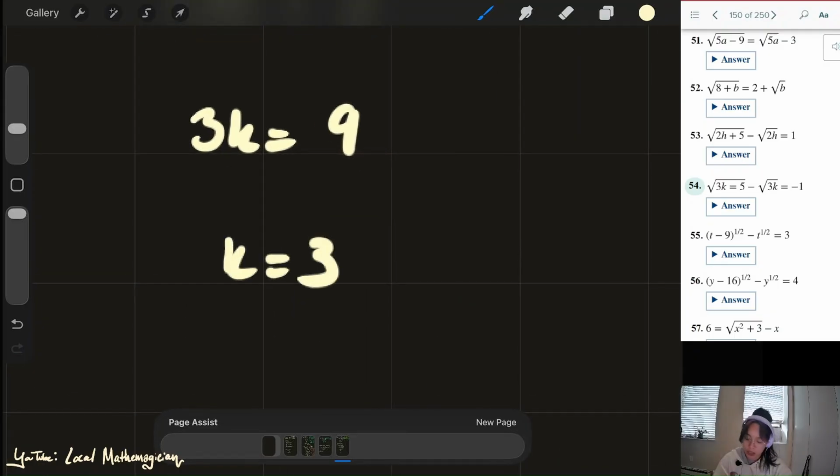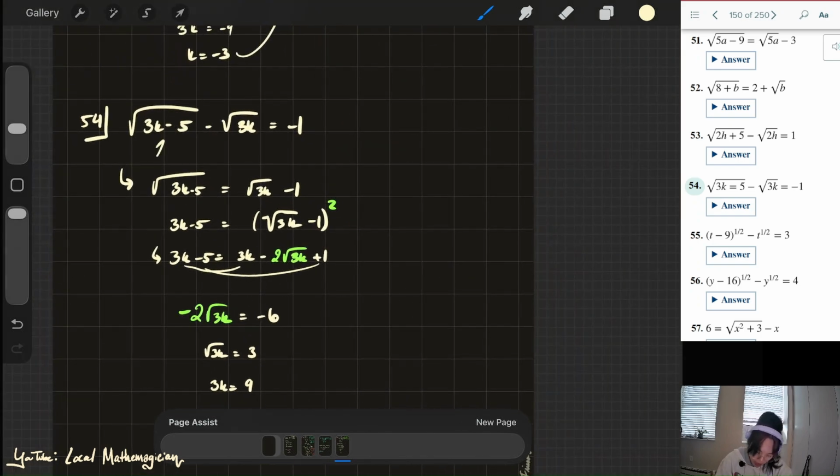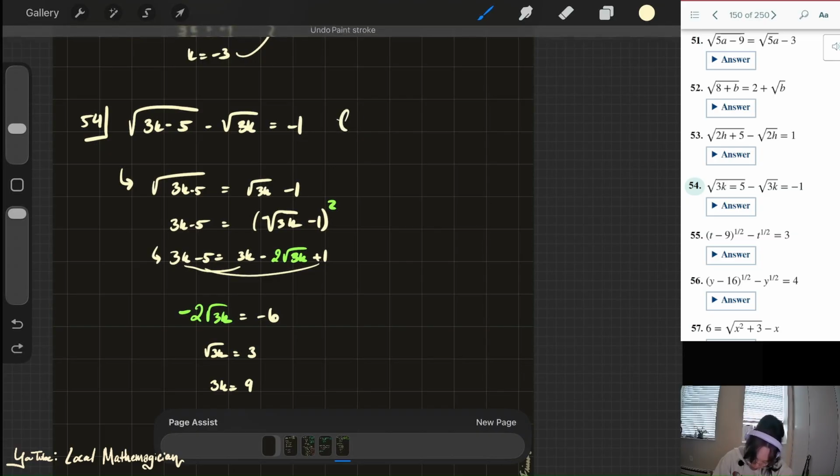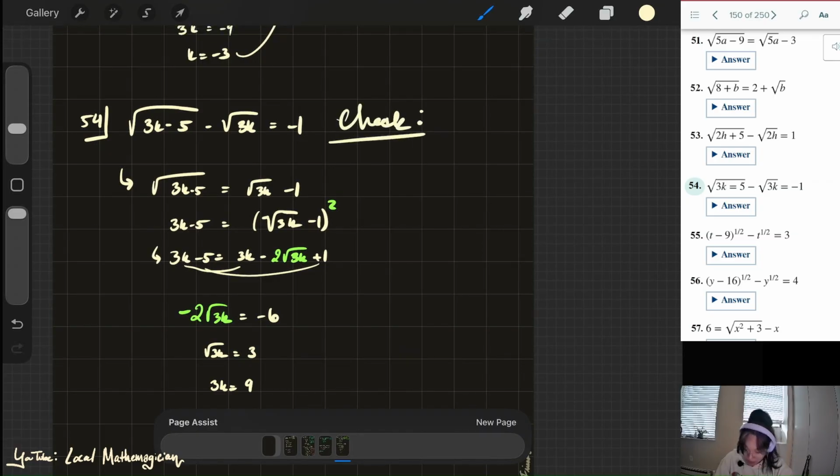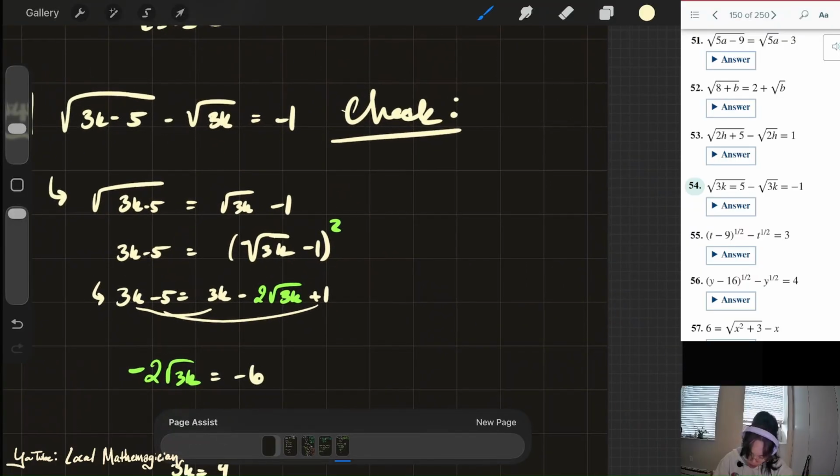We're going to test our solution. I'm going to plug it right back into here, okay? You might want to label your checks so you know where to find them. Okay.